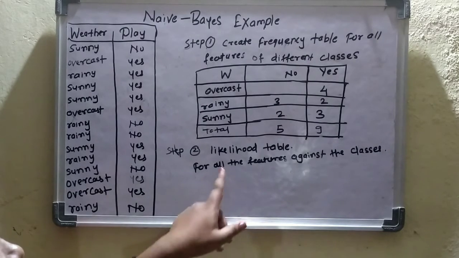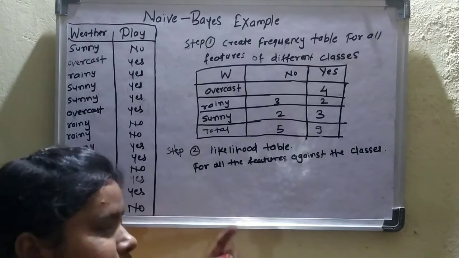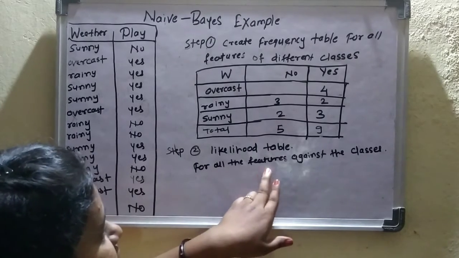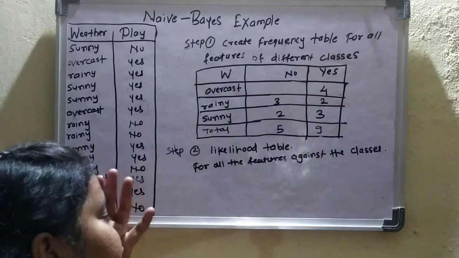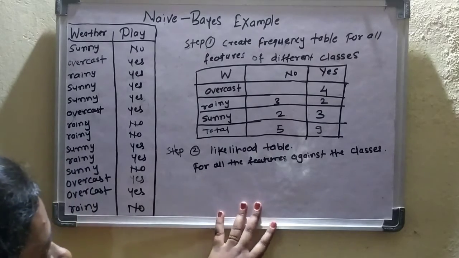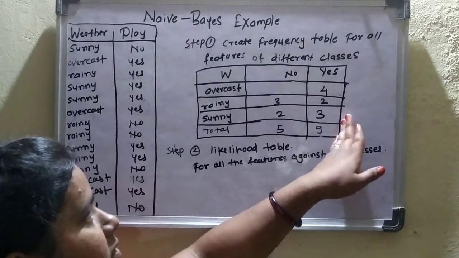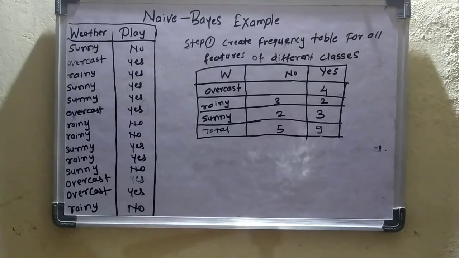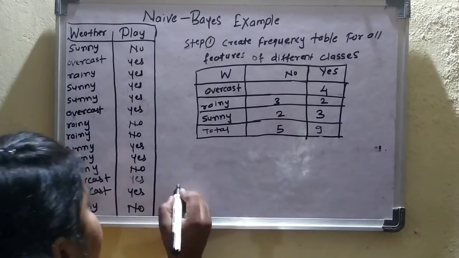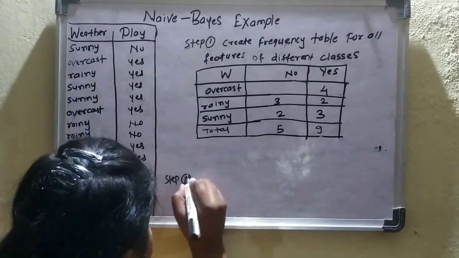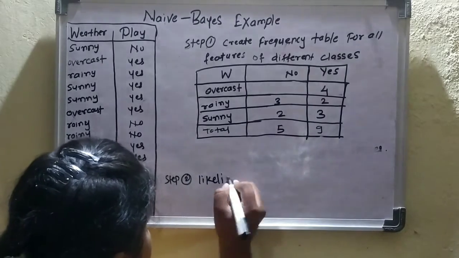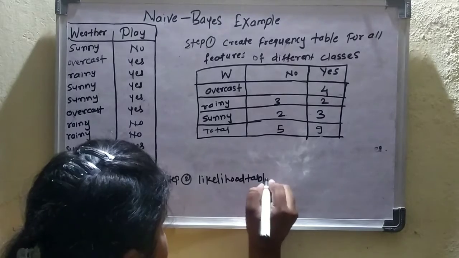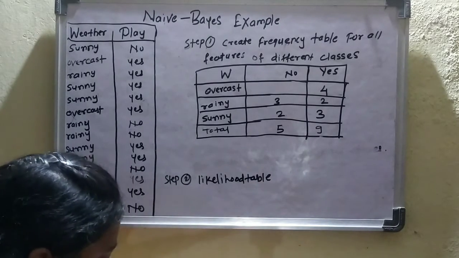Now step 2 is we have to create the likelihood table. The likelihood table is for all the features against the classes. I don't have the space here, so I will modify the frequency table into the likelihood table.